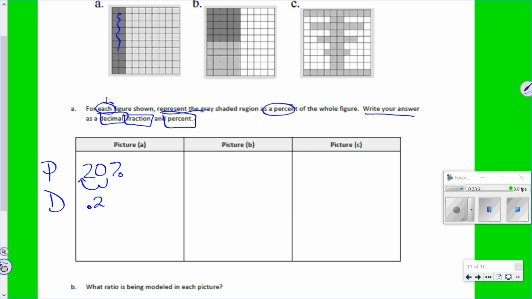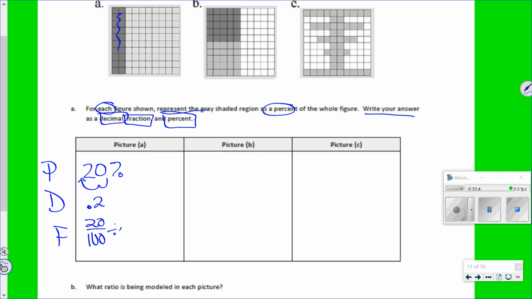And then as a fraction, to do a fraction, I literally just write the number 20, put my fraction bar over 100. Why did I do it out of 100? Because that's what percent means. 20 and 100, what can I divide them both by? 5.